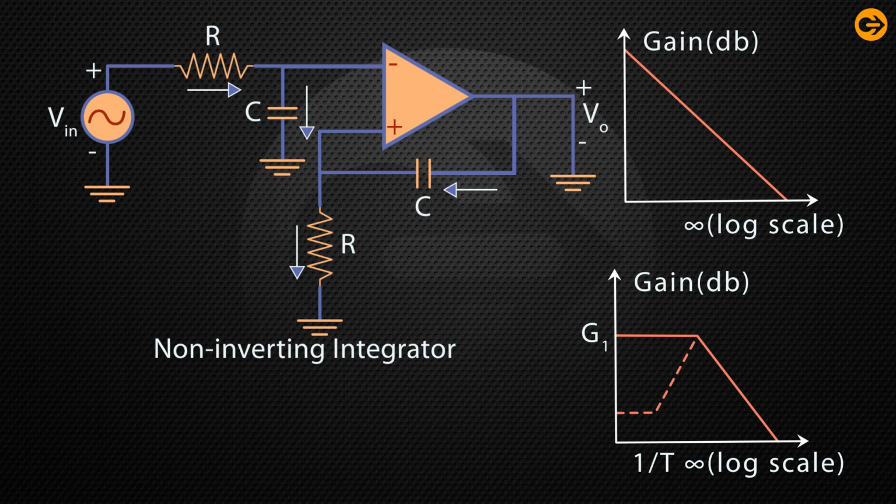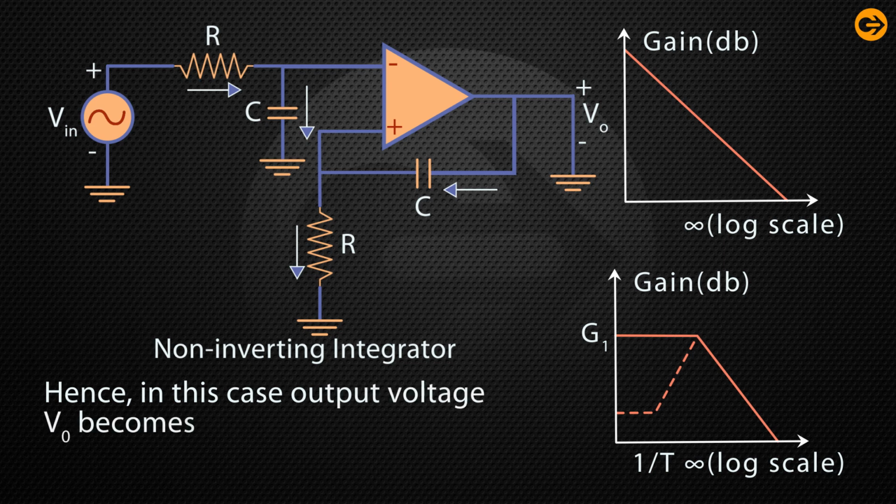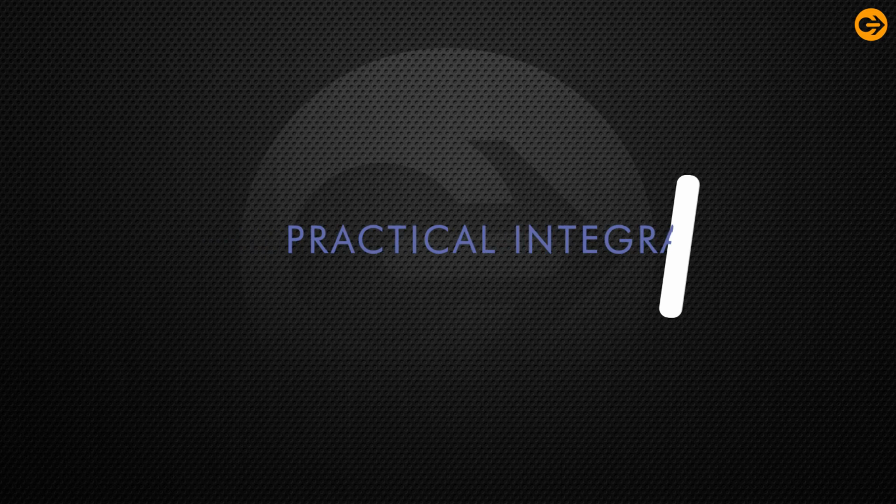So voltage Va at the non-inverting terminal is equal to Va at the inverting terminal. Hence, in this case, the output voltage V0 becomes 1 by CR integral of Vin(t) dt.